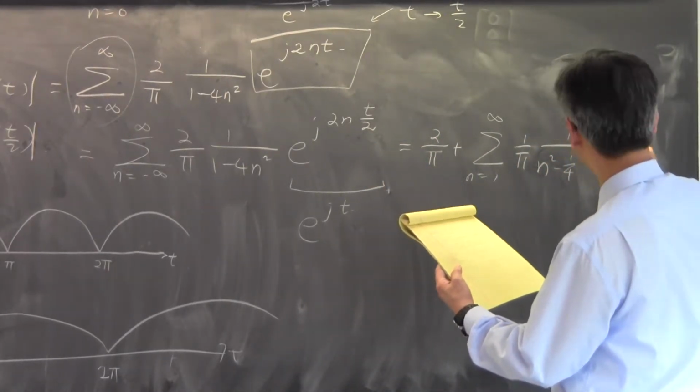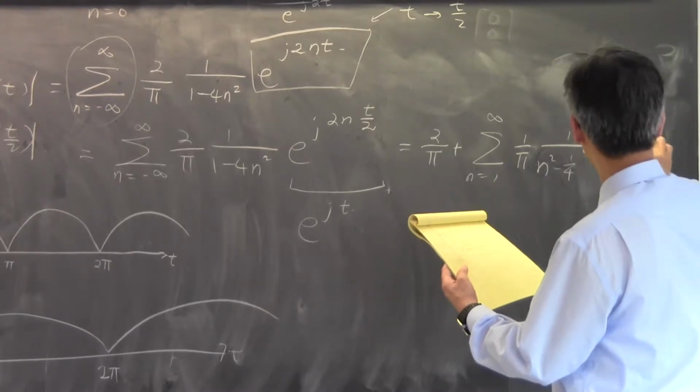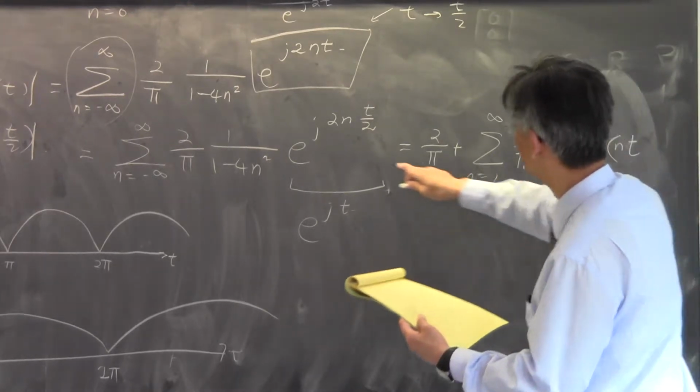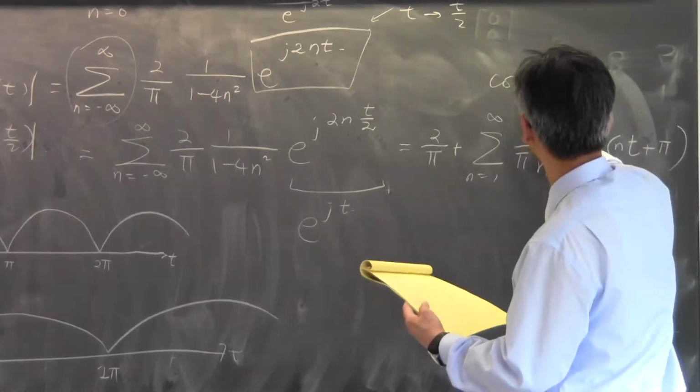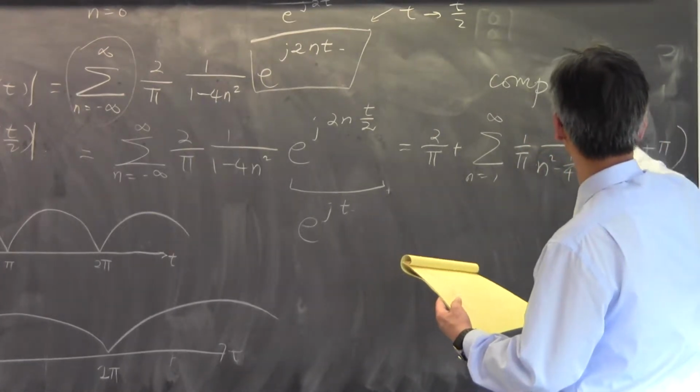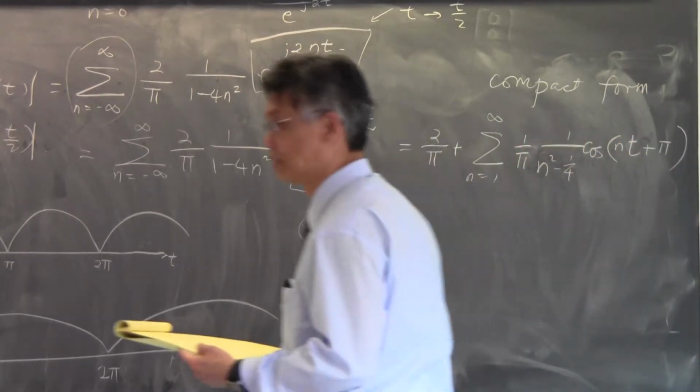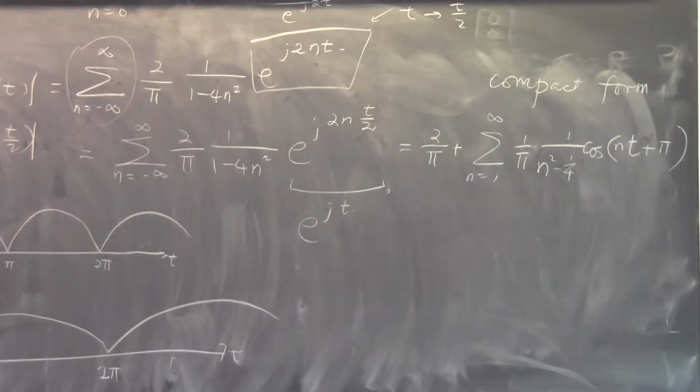So this becomes nt plus pi. This is a compact form. Just applying that formula that we have learned. So there are lots of exercises like this in the textbook.